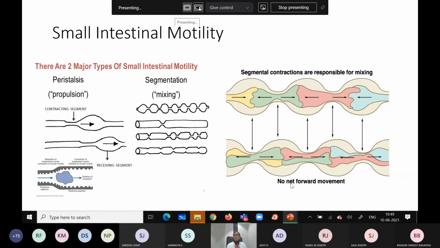You are understanding? So no net forward movement of food occurs here, but mixing of food occurs because of the formation of alternate constriction and relaxation waves, and the intestine will form different segments. I hope you understood this movement properly now. These are called segmental movements.